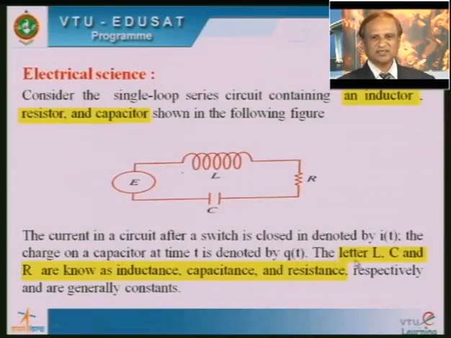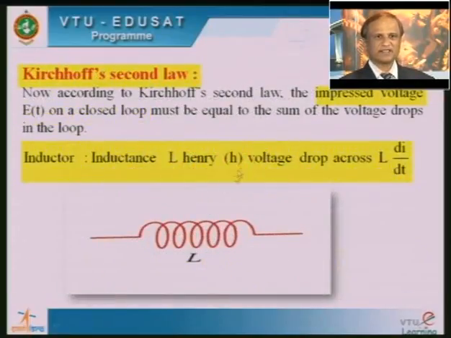The letters L, C and R are known as inductance, capacitance and resistance respectively, and are generally constant. It means L may be a constant, R may be a constant, C may be a constant. That is the meaning of this diagram. I have given the diagram as well as the symbols.